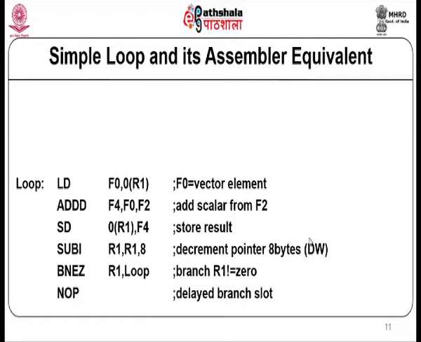For example, if I have loaded R1 with a value of 80, every time I execute the body of the loop, R1 is decremented by 8. So if you execute the loop 10 times, the branch keeps repeating the loop, and after that R1 will have decremented down to 0, so you come out of the loop.